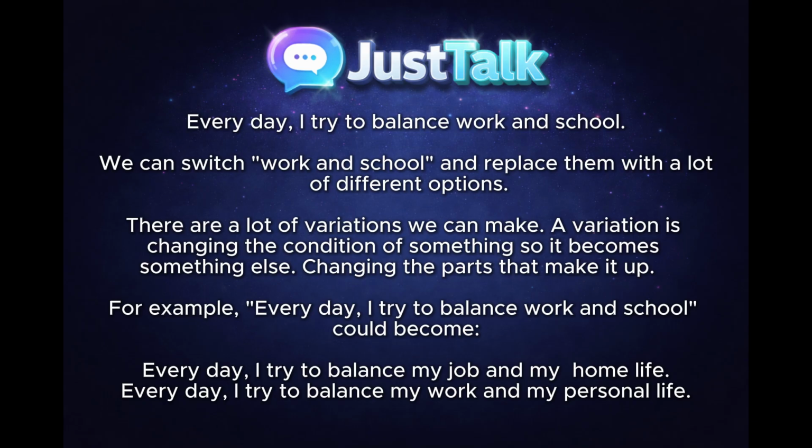A variation is changing the condition of something so it becomes something else, changing the parts that make it up. For example, every day I try to balance work and school could become every day I try to balance my job and my home life. Every day I try to balance my work and my personal life.